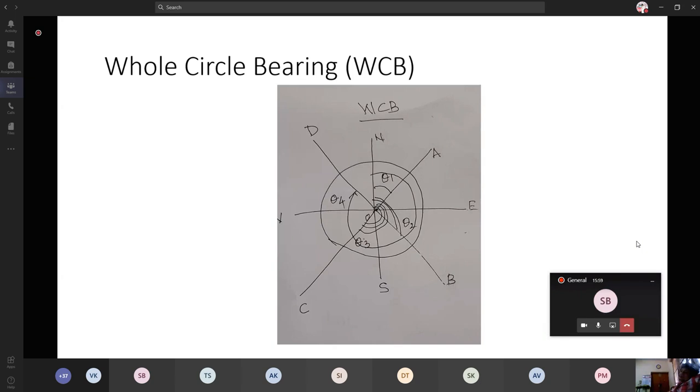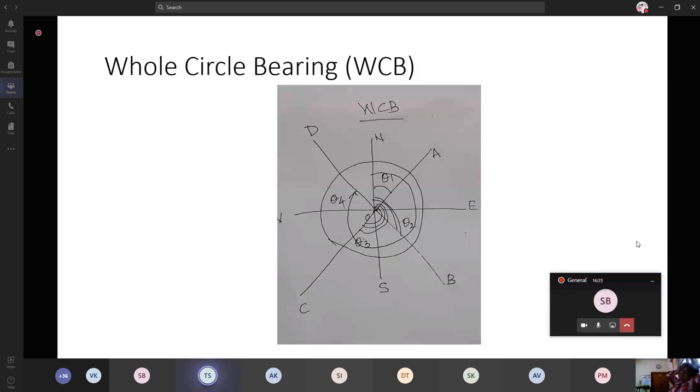So what do you think is the significance of this bearing? Where do you find a practical application of this? How many of you travel by air? Aviation.